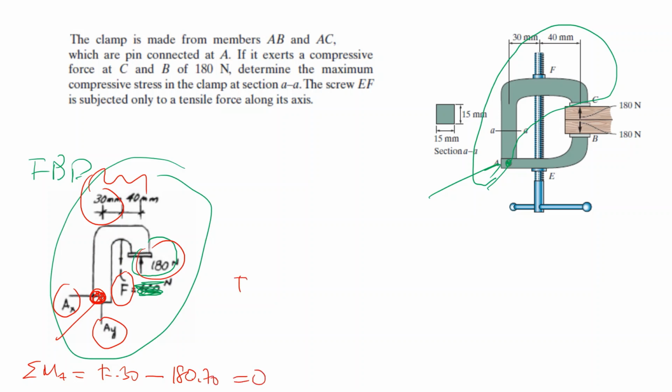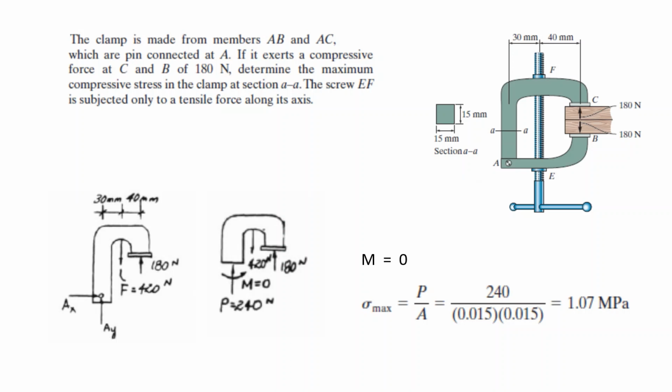So F is equal to 180 times 70 divided by 30. That will give 420. So you can easily find that the force acting in the screw is 420 newtons.